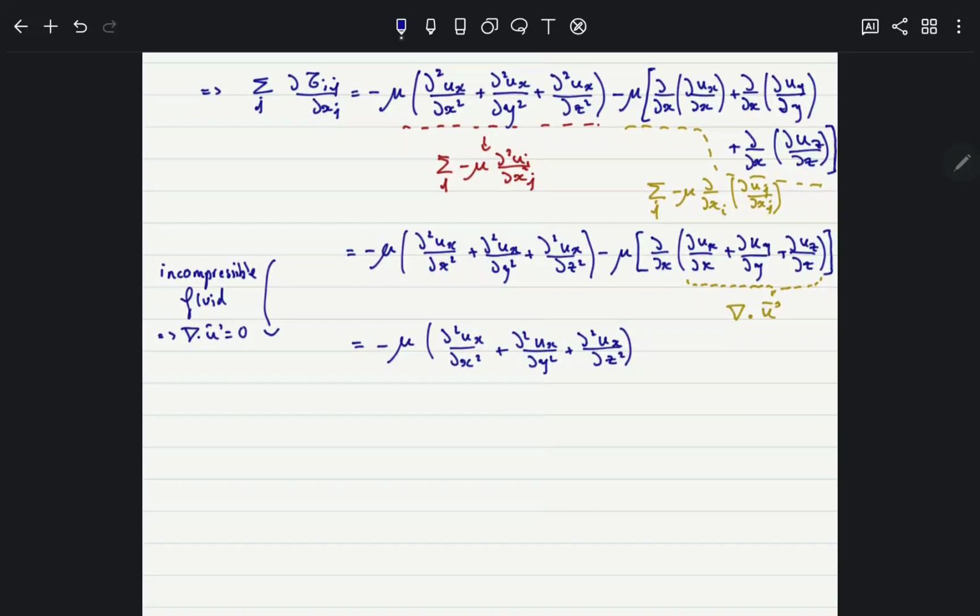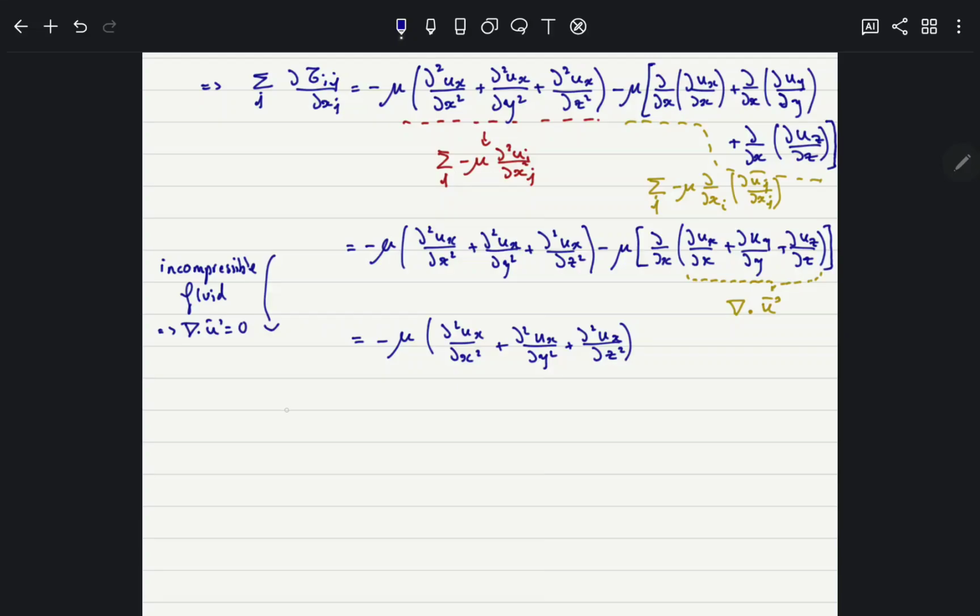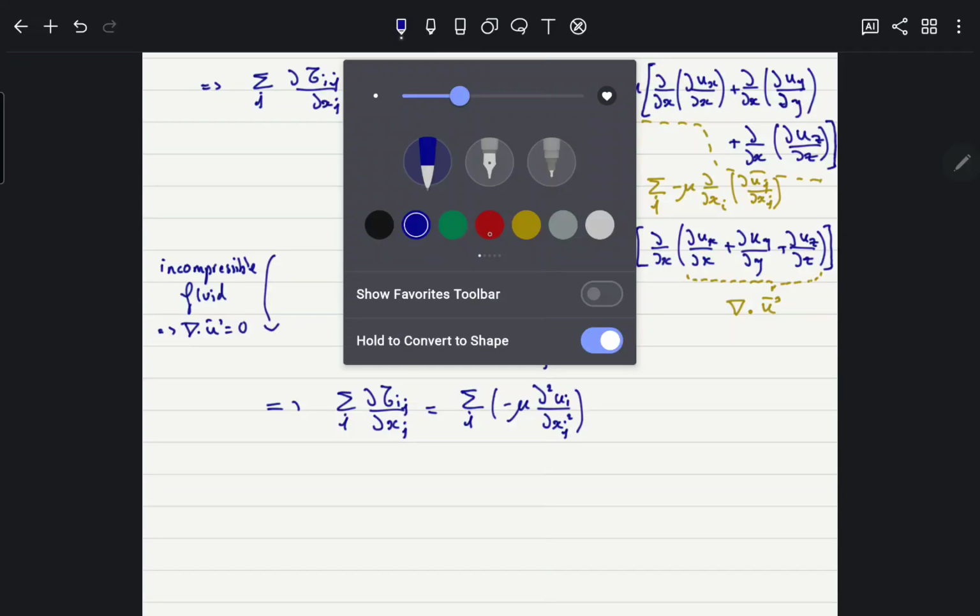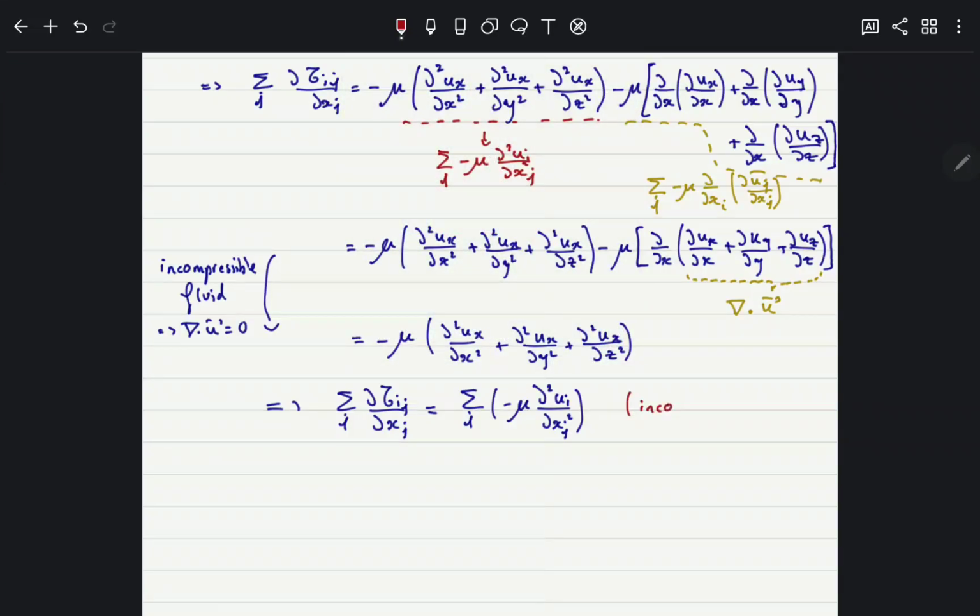So in other words, what we've just demonstrated is that the sum over j of the partial derivative of tau ij with respect to xj is just the sum over j of negative mu times the second order derivative of ui with respect to xj. Okay, and again, I will write that again, although we've said that many times, it's for incompressible fluid.